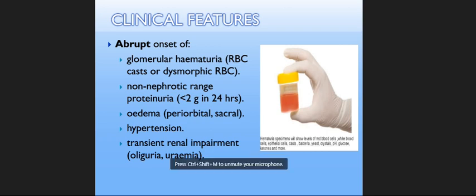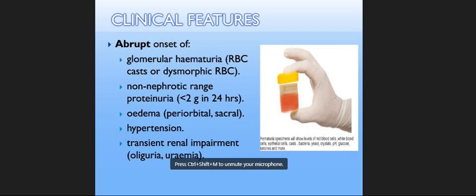So when we have dysmorphic blood cells, it relates to glomerular disease. When we have casts of red blood cells, it also relates to glomeruli. In non-nephrotic range proteinuria, which is less than up to 3.5 in 24 hours, we have this situation.